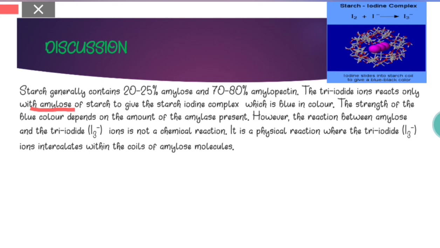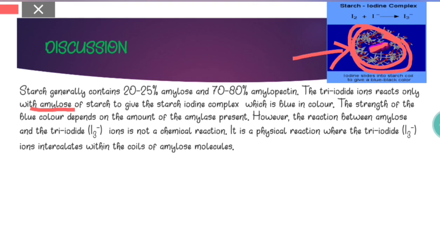As you can see in this figure, the iodine complex, pink in color, inserts itself in the center of the amylose coil to give this blue color complex, that is the starch-iodine complex. However, the reaction is not a chemical reaction; it is a physical reaction where the triiodide intercalates within the coils of the amylose.